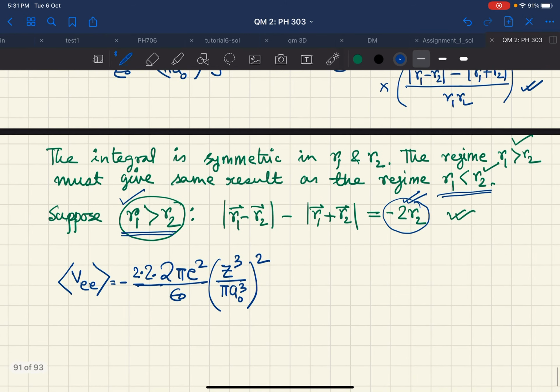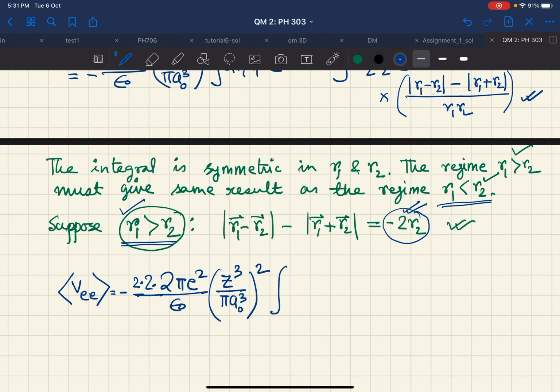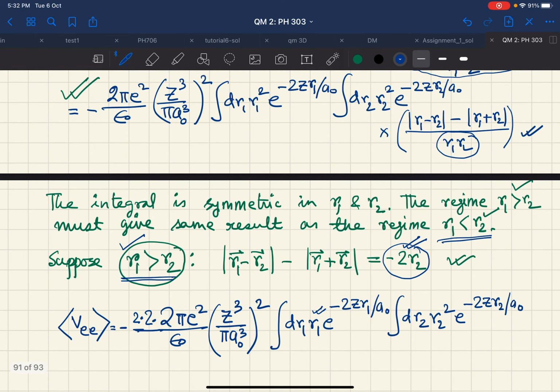Then the integrations are all very clear. So this is dr1 r1 e to the minus 2z r1 by a0, and then this is dr2 r2 squared e to the minus 2z r2 by a0. What happened here is that there is this r1 into r2 in the denominator. So one r1 gets cancelled. Here it was r1 square, so this r1 gets cancelled here.